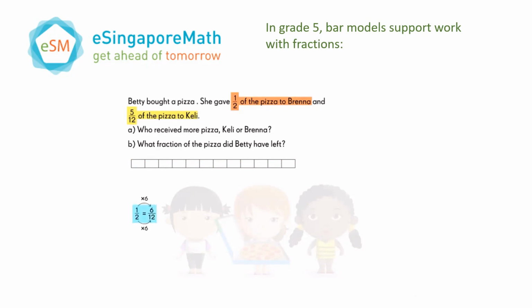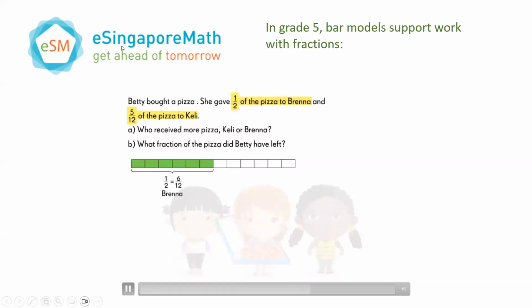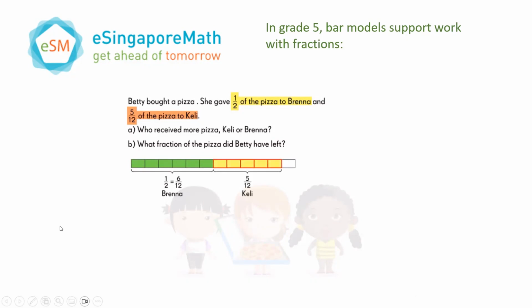This is equal to 6 out of 12 parts. Five-twelfths of the pizza was given to Kelly. We have drawn the model for the problem.